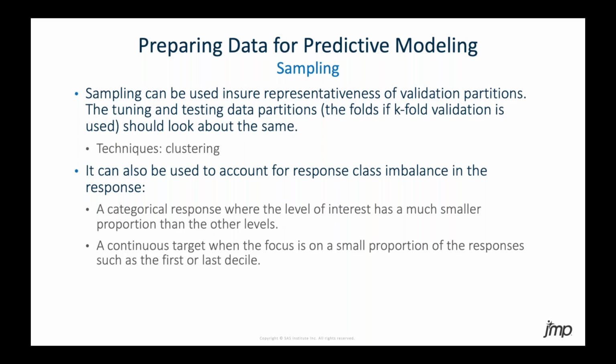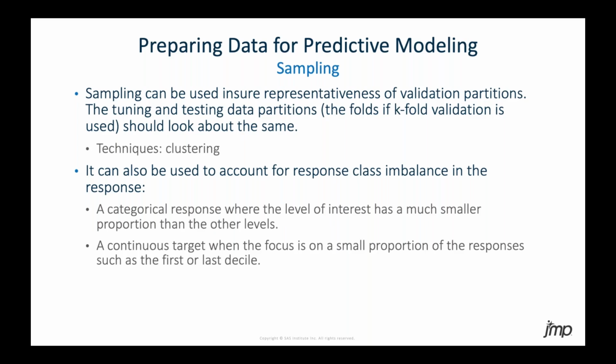The other time when class imbalance might occur is that often people will focus, for example if it's a continuous response, on a portion of the population. They might look at the first decile or the 10th decile.